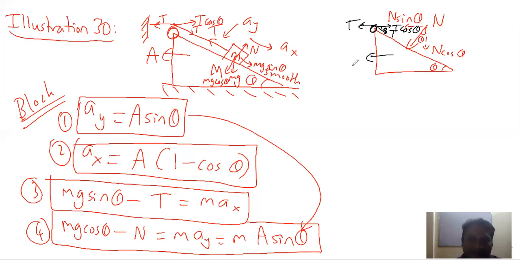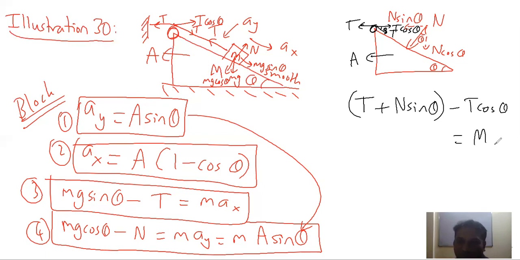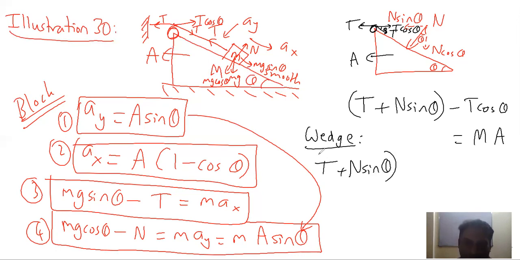Other than that, we have the acceleration of the wedge A in the backward direction. So Newton's law equation will come out to be T plus N sin theta, which are in the backward direction, minus T cos theta, which is in the forward direction, equals mass of wedge into acceleration of wedge.